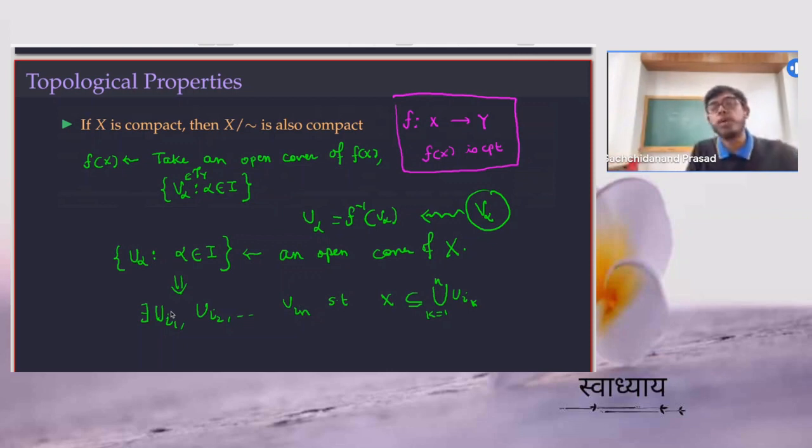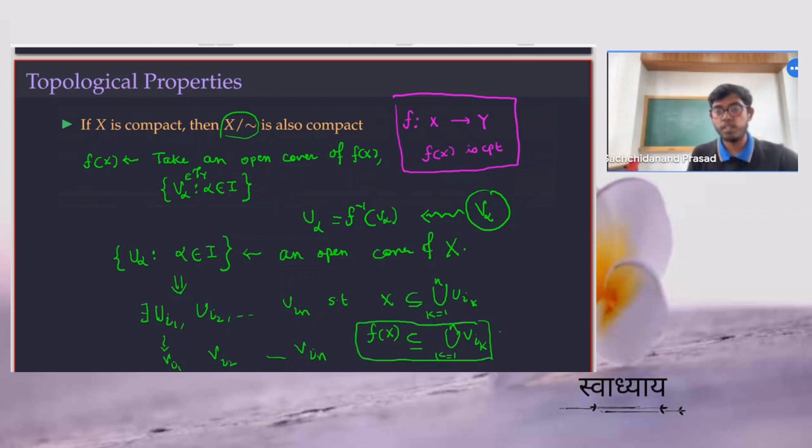So now what is an obvious choice? With each I1, I'll just take V_I1, V_I2 and V_IN, and my claim is that f of X is covered by these. This is not difficult to show, so you can try to show it.